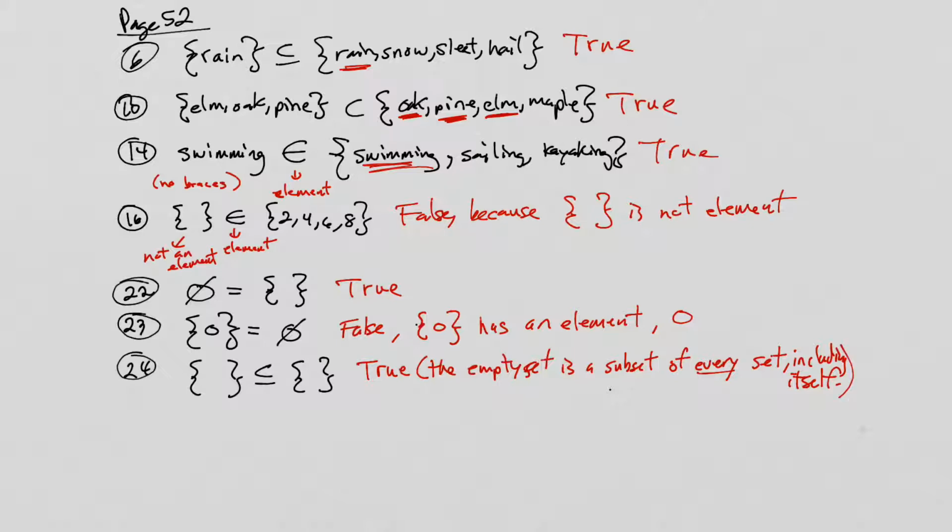Now, if we take away that equal sign under that symbol, then it would be asking, is the empty set a proper subset of the empty set? And we will have to say no, because the empty set cannot be a proper subset of itself. It can be a regular subset, but it can't be a proper subset. It cannot be the same size.